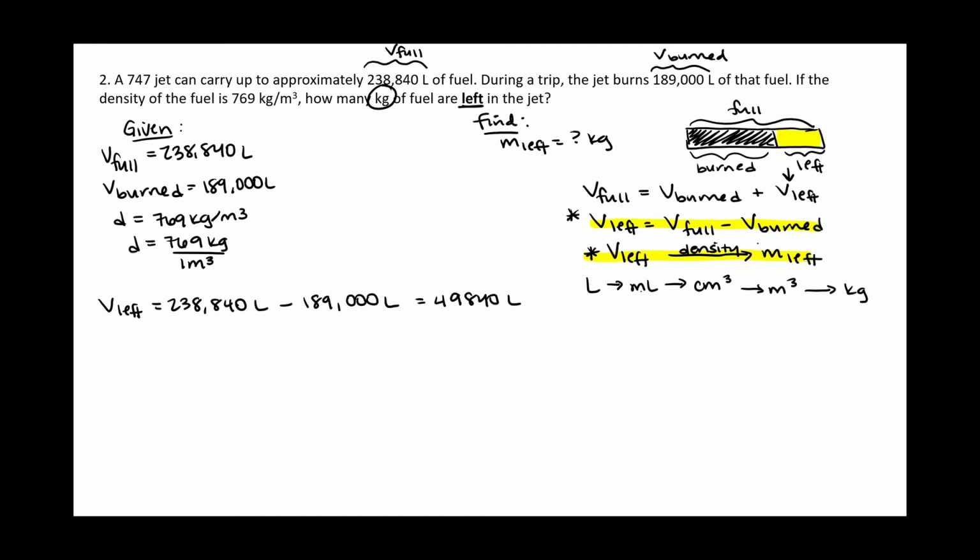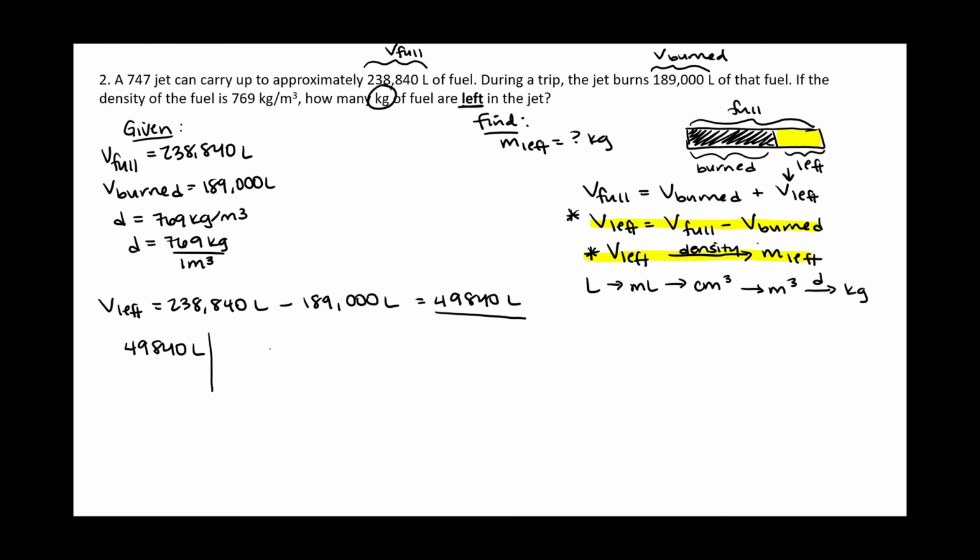Liters to milliliters is a unit conversion, milliliters to centimeters cubed is a unit conversion, cubic centimeters to cubic meters is a unit conversion, and cubic meters to kilograms, we're using density. So all of these are known, we're using density for that last one. We'll go through that.